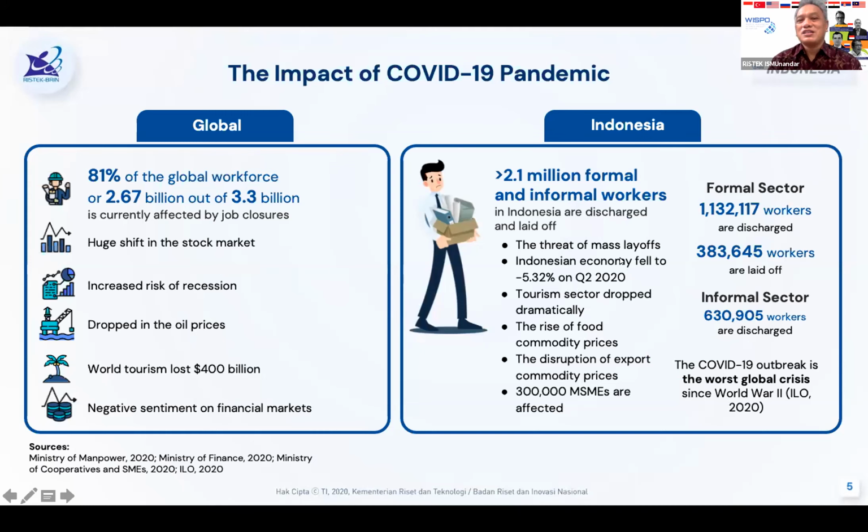In Indonesia itself, it is predicted that more than 2 million formal and informal workers are discharged. Especially in tourism, some provinces that rely on tourism for their economy have drastically decreased, and the same goes for small and medium enterprises.